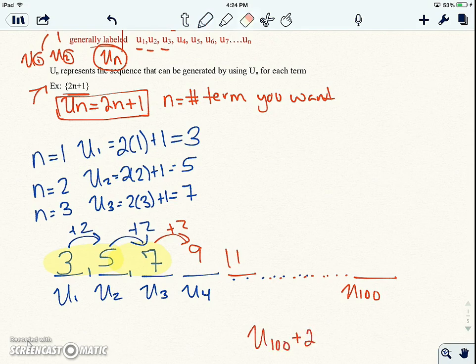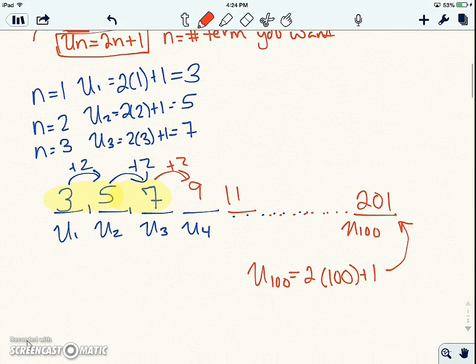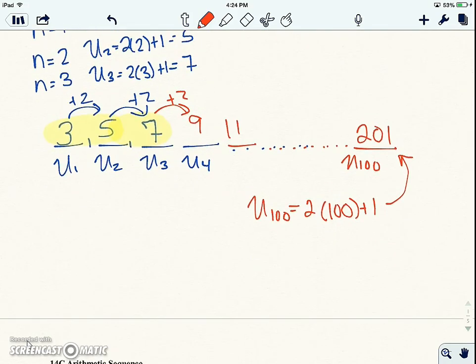2 times 100 plus 1, therefore the 100th term must be 201. This specific one where we're adding 2 is called an arithmetic sequence.